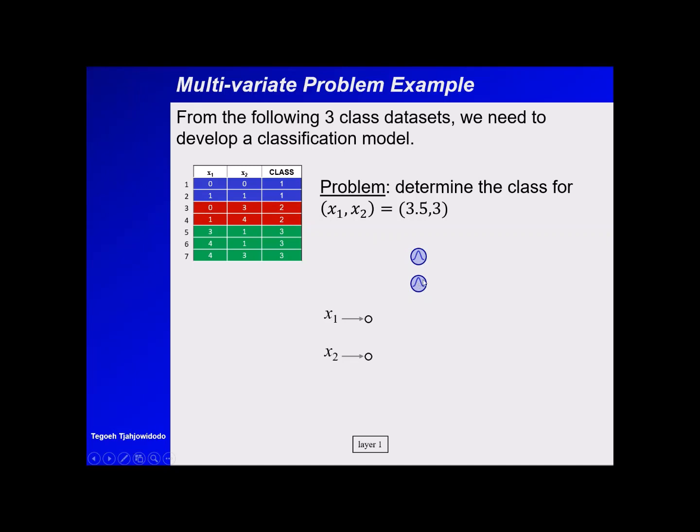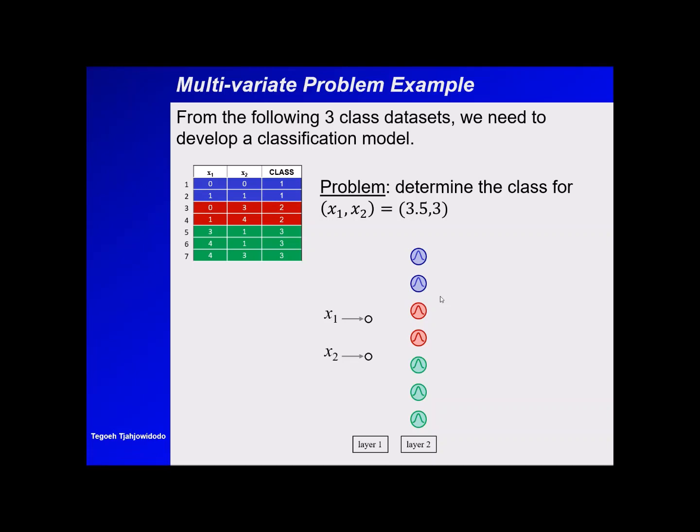I will have 2 neurons because I have 2 data points in my training set that correspond to class 1, indicated with the blue neurons there. I have 2 more neurons that correspond to class 2, and 3 neurons that correspond to class 3. It's just nice colors there: blue, red, and green.